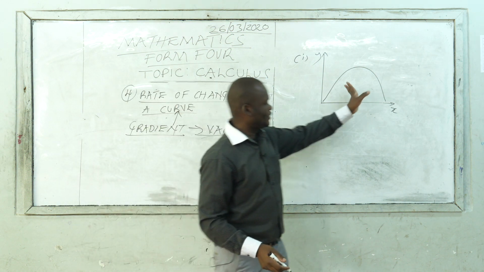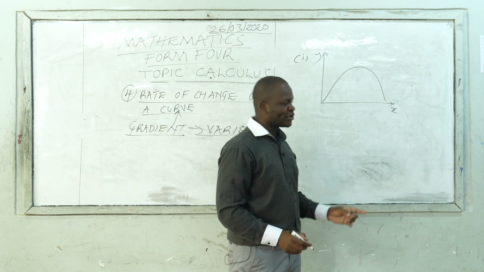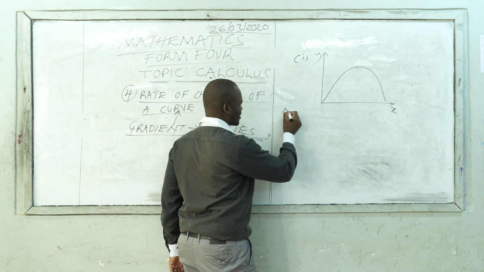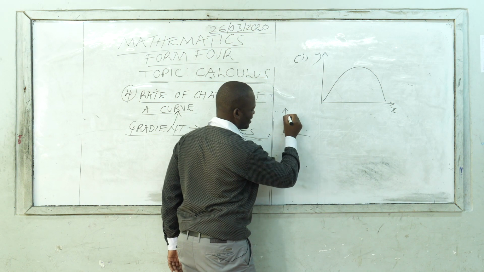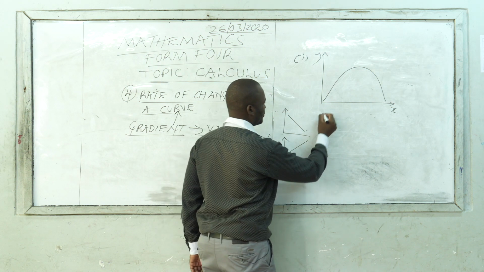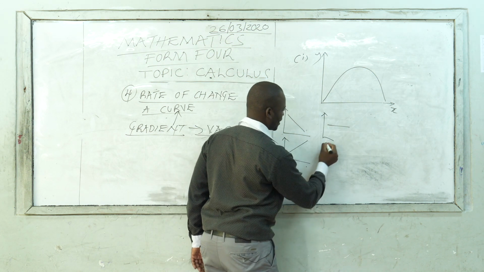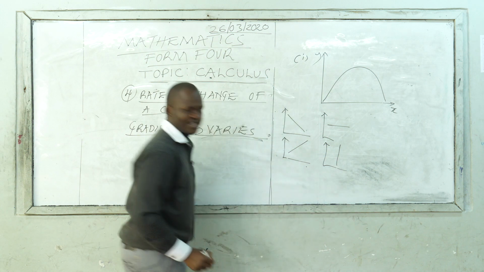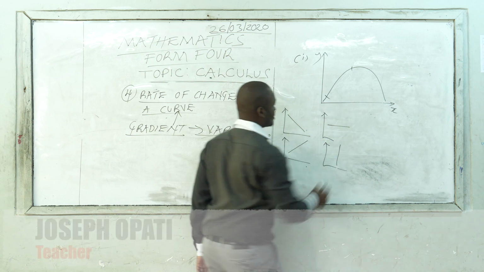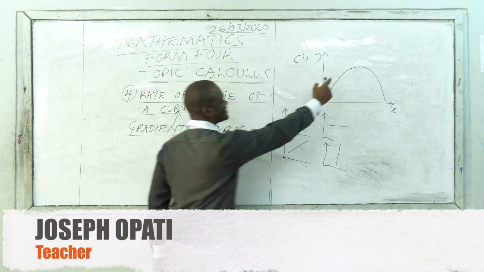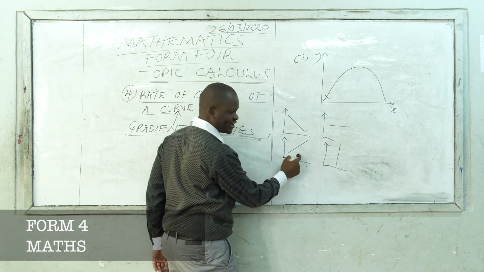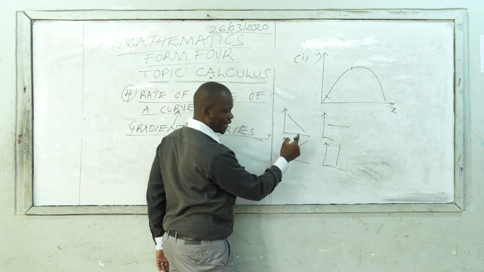So how is the variation? We are going to pick from the idea of the nature of the gradient of a straight line. If you remember, just a quick review: for a straight line, we have a negative gradient, a positive gradient, a zero gradient, and an undefined gradient. If you are keen on this curve, between that point and that point, the inclination is similar to this straight line, where we said the value would be positive.